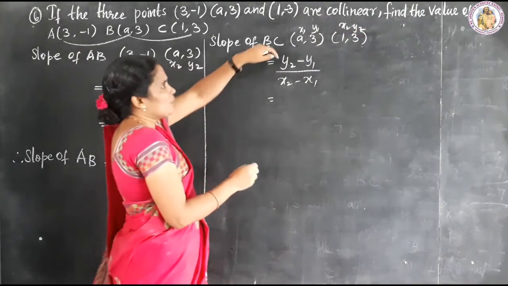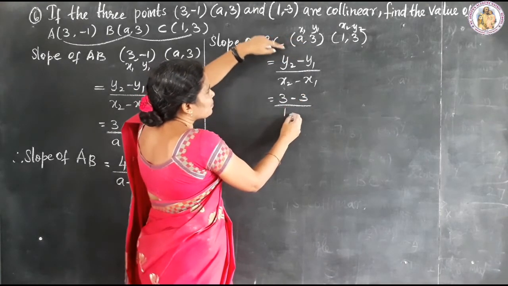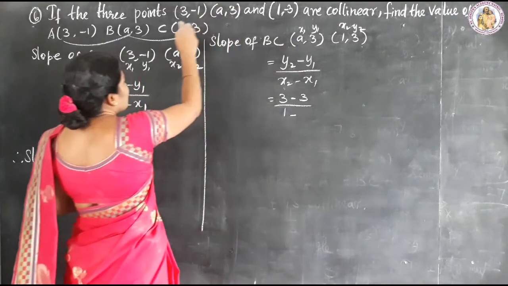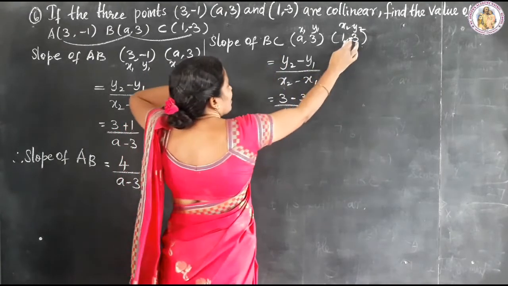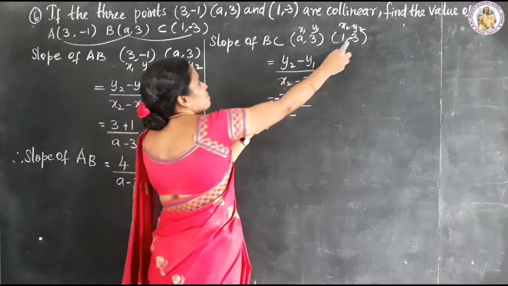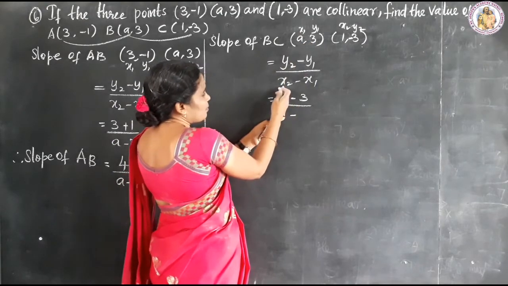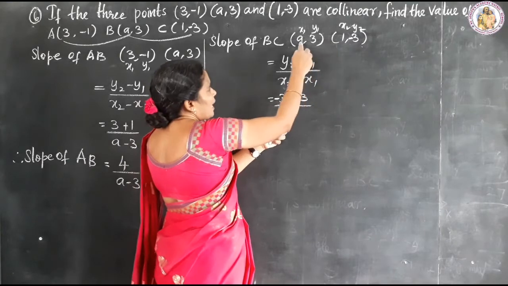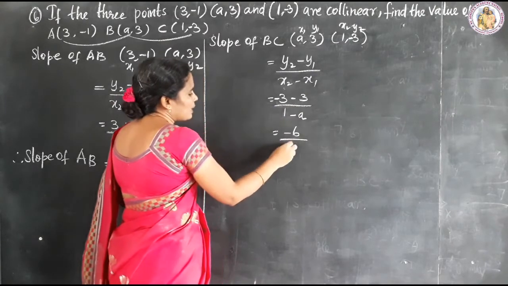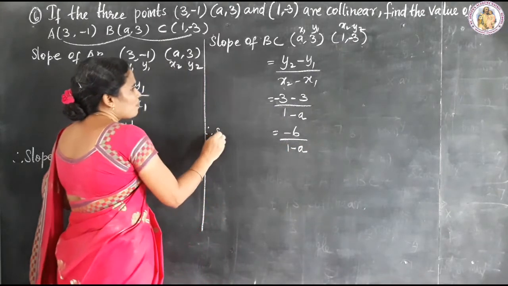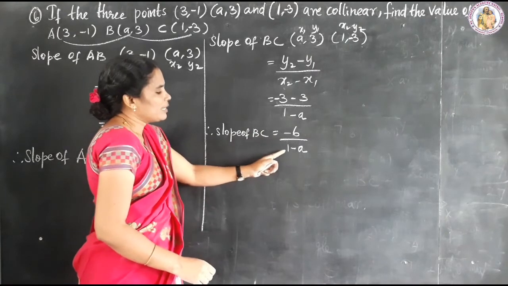Now y2 is 3 minus... slope of BC is equal to minus 6 divided by 1 minus A.